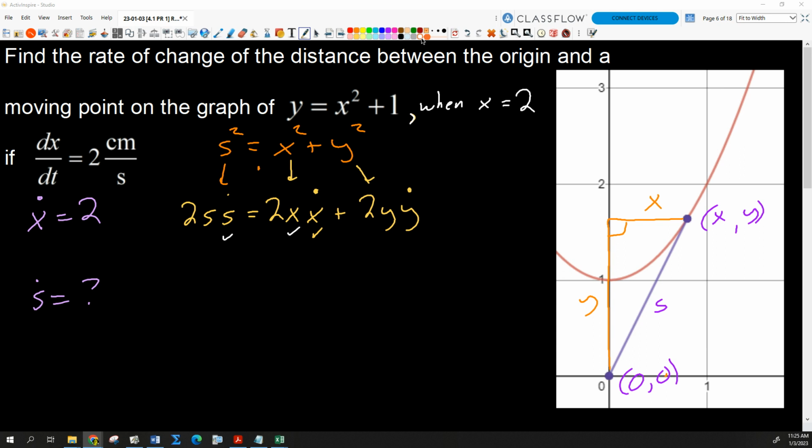What's inconvenient about this is my parent equation involved two separate input variables. It's always preferable if we can trim that down to a single input variable if possible, so we have a function of only one variable instead of a function of two variables. This is really s of x and y, right?